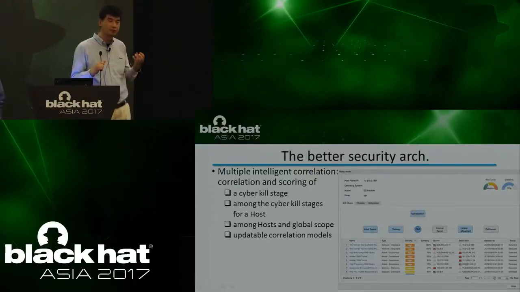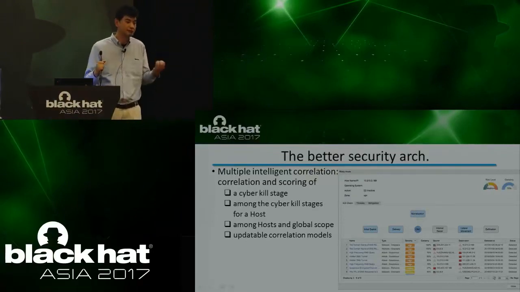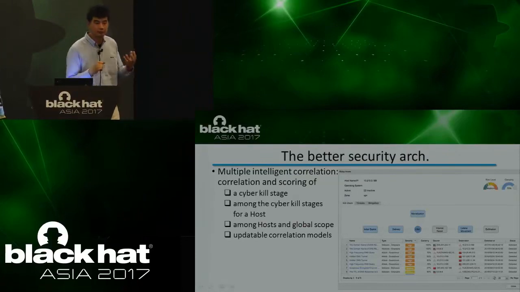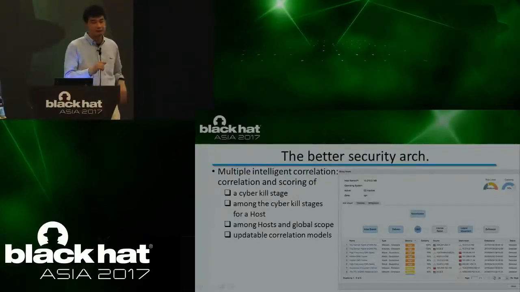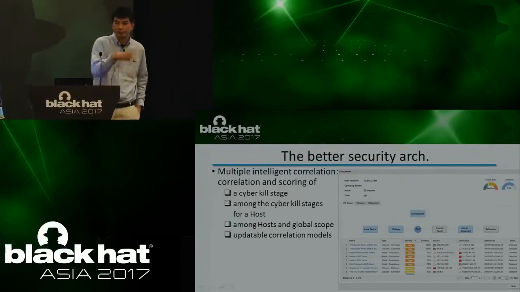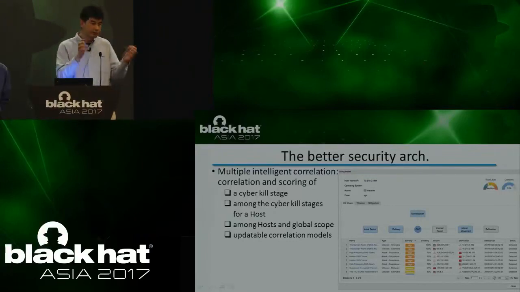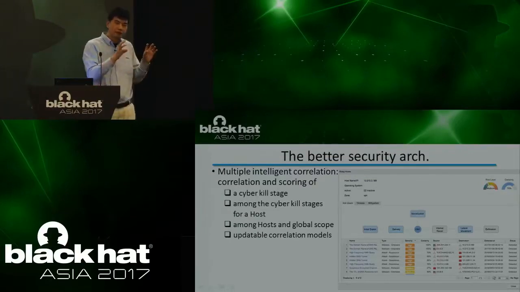Also, for one host, you can do the whole seven-stage correlation. Of course, you need your own model. Back to the global view, you can do the correlation for the whole host. Lastly, the whole model should be updatable, because for different customers and different sites you may have different problems. Some false positives may be okay for other sites.